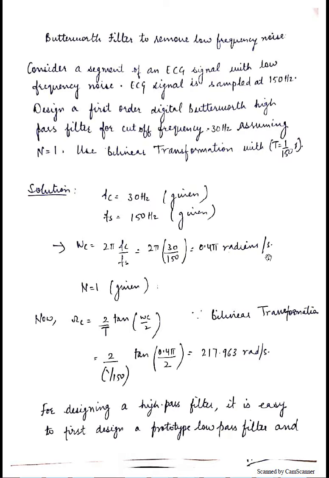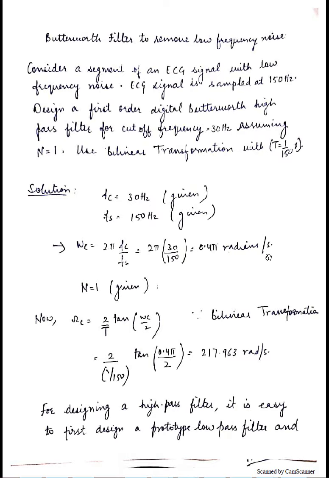Now as I mentioned, we have to design first a low pass filter, and we have to use bilinear transformation. So what is the frequency? First we will determine the frequency in the analog domain, because we have to design an analog filter. The digital frequency we have obtained is 0.4 pi radians per second.